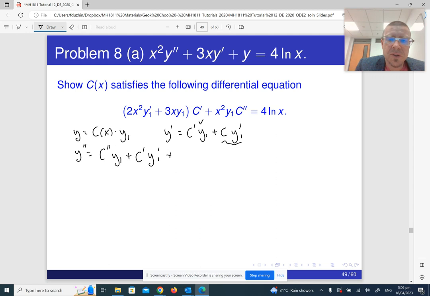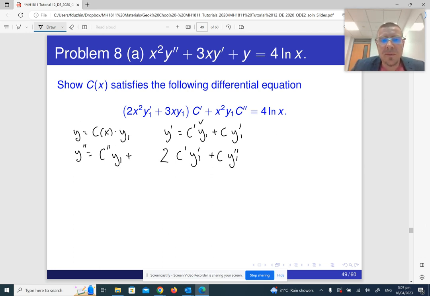Plus, now I'm going to do the second term, c prime y1 prime plus c times y1 double prime. Now the second term is done, and I can also combine these two together, so I'll just write the number 2 here. Okay, so this is y double prime.